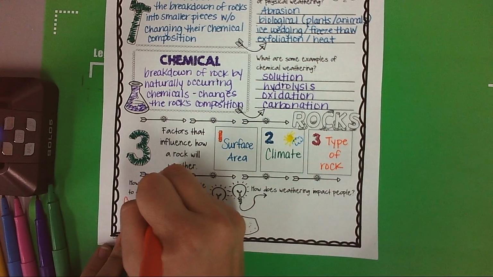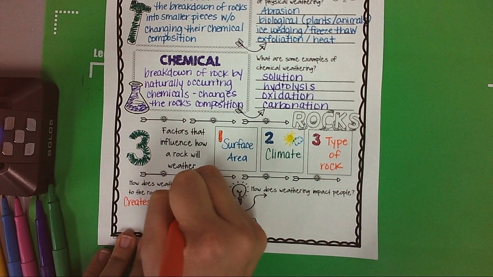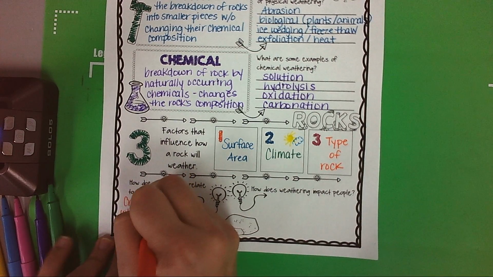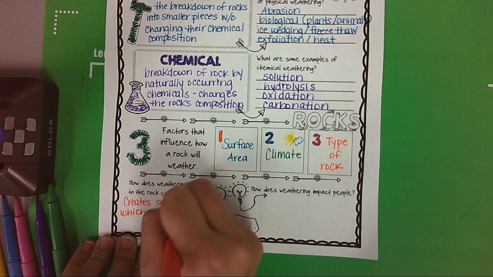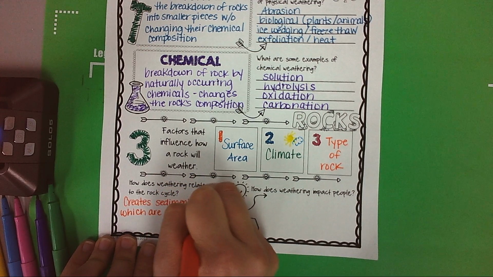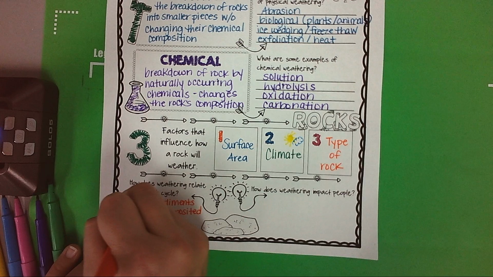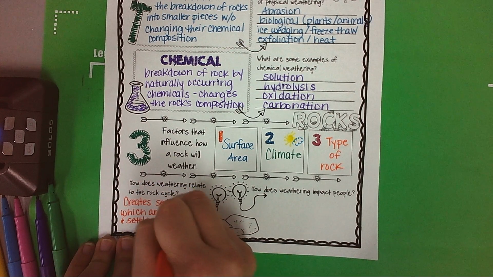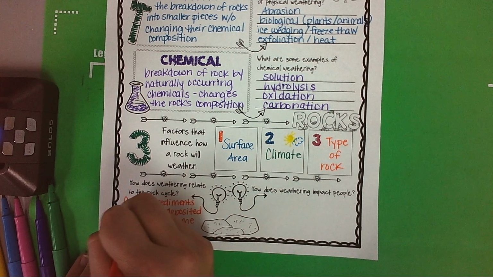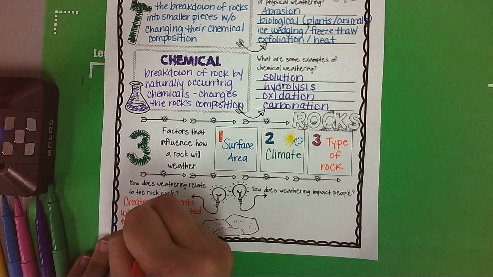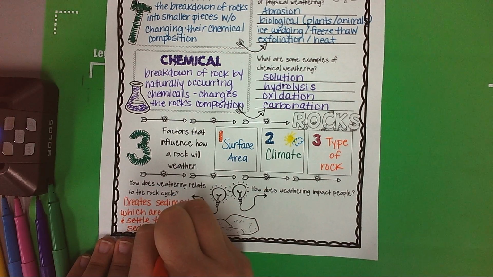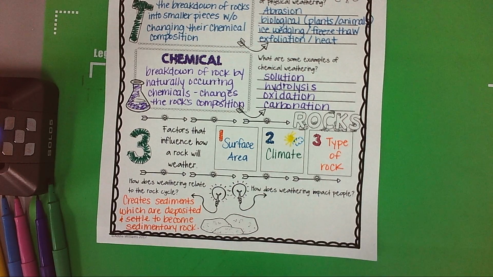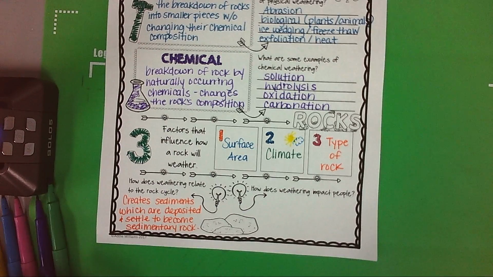So create sediment, which are deposited and settle to become sedimentary rock. Which is a type of rock that goes through the process in the rock cycle.